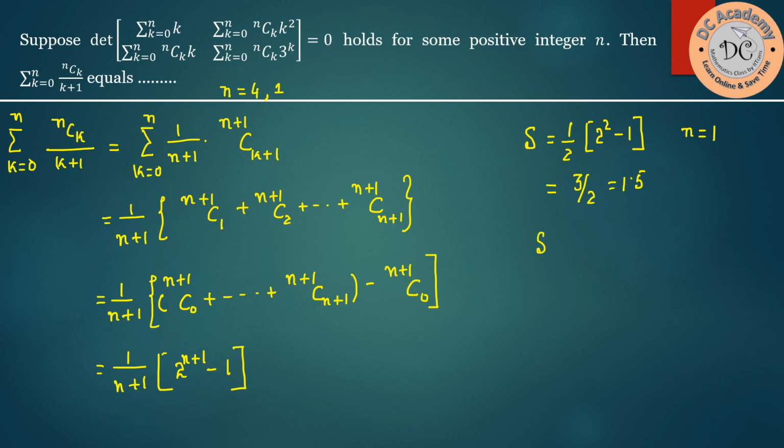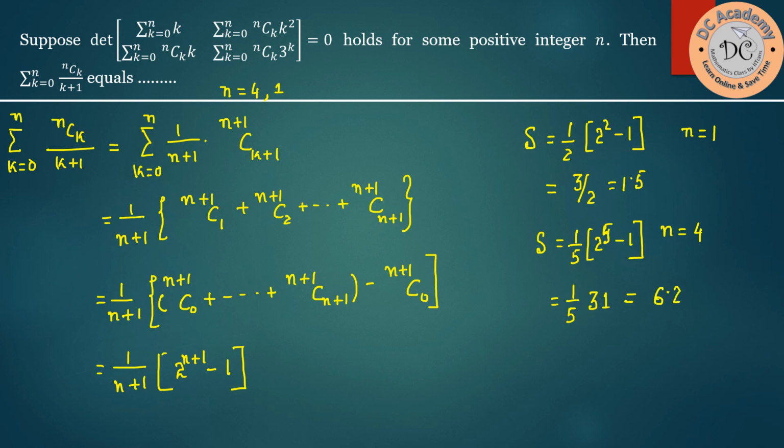And if I consider n equal to 4, it is 1 by 5 and 2 to the power, sorry, n equal to 4, so 2 to the power 5, I missed that. So the calculation will be 1 by 5 times 2 to the power 5 minus 1, 32 minus 1 is 31. That's why it is 6.2.